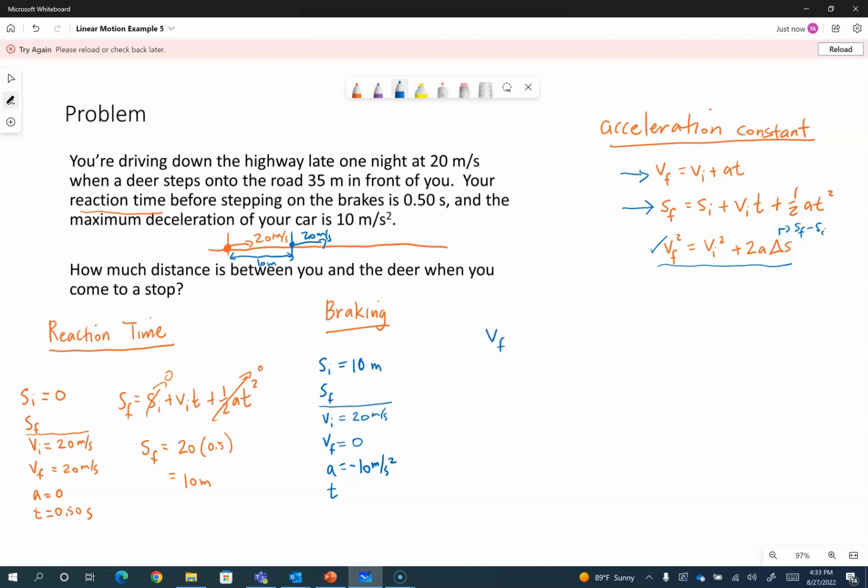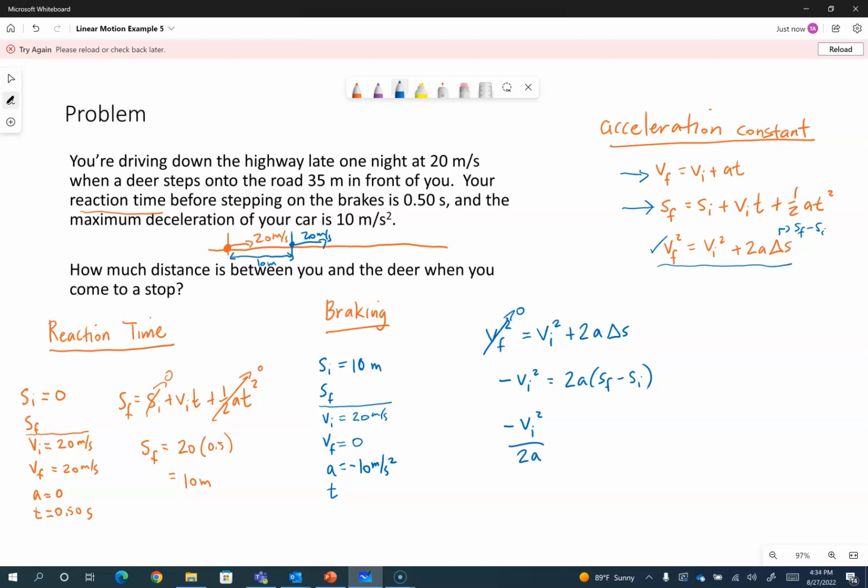So I'm going to go ahead and write that equation down. If we were taking a test or doing the homework, we wouldn't write all three equations out every single time. At least I wouldn't. So I know V final is 0. We have V initial. So I'm going to bring V initial over, and I'm going to put in S final minus S initial for delta S. I'm looking for S final.